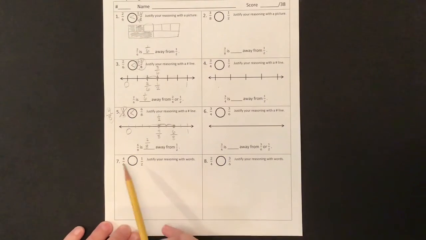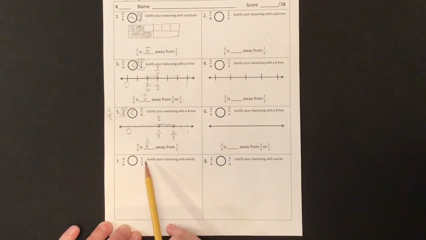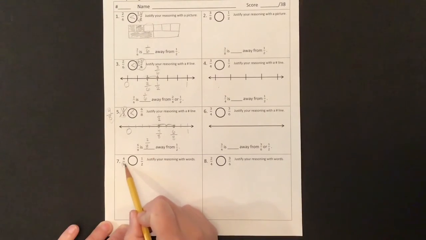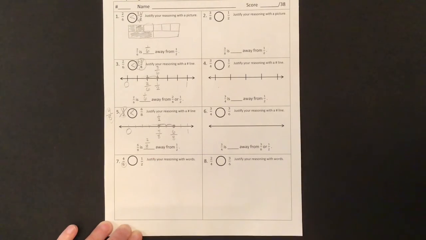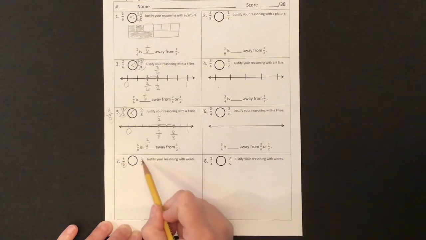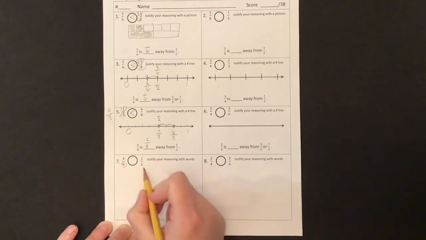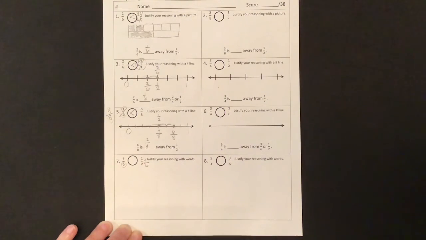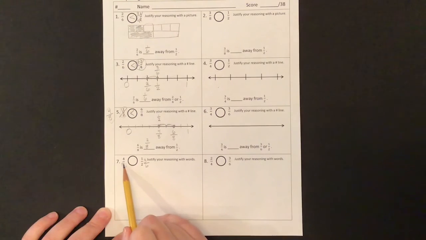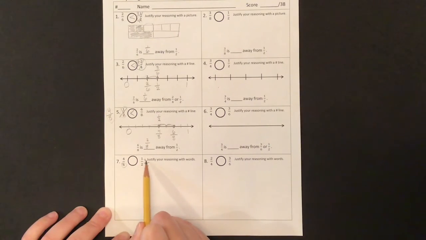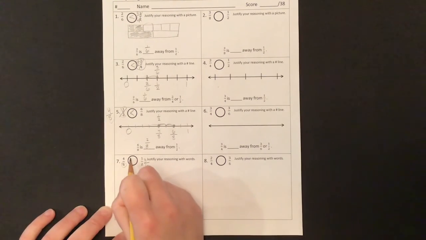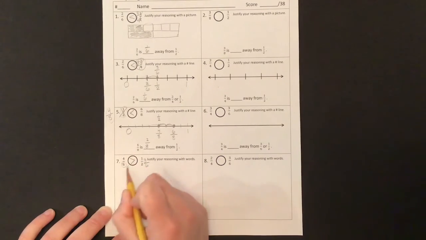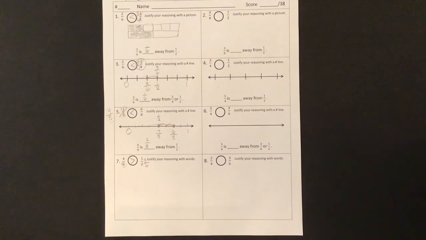So for number 7, we're working with 6ths and halves. And again, because these are 6ths and these are halves, I recognize that I can change 1/2 into 6ths. I can think about 1/2 equaling 3/6. I know that 4/6 is just one piece more than 3/6. So 4/6 is greater than 3/6.